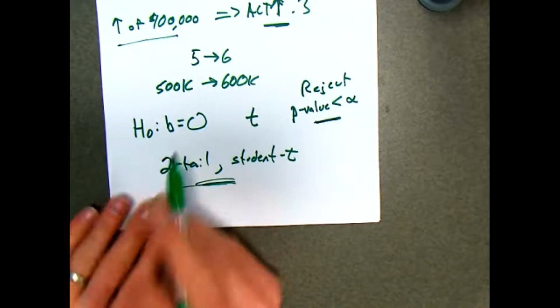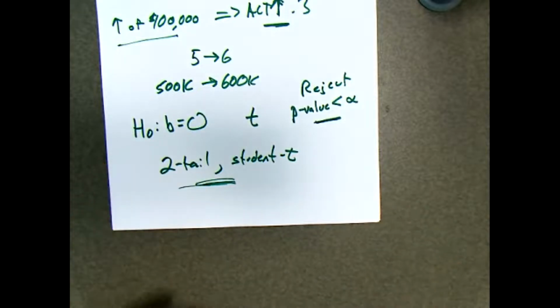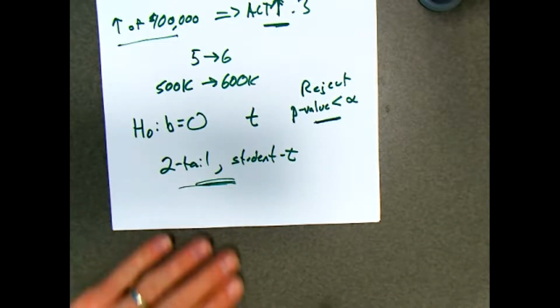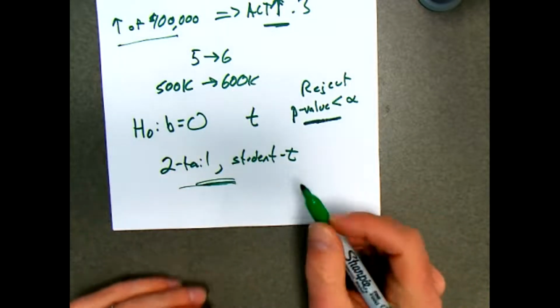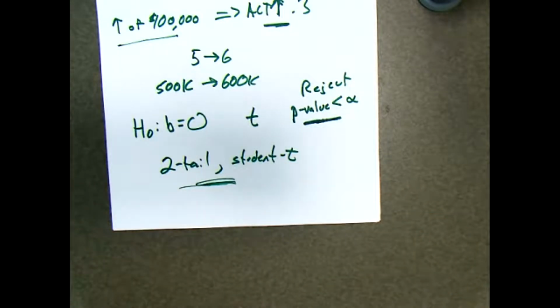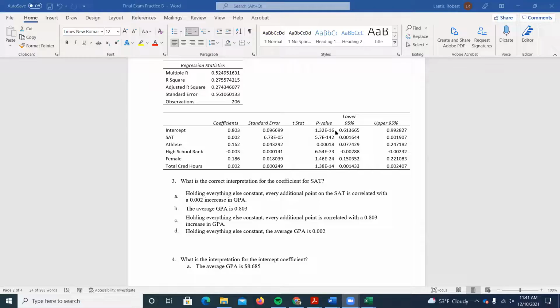So we start out assuming there's no relationship between any of those X variables and our Y variable, GPA. If we get a p-value that's low enough, we reject that null and instead say that variable has a significant relationship with our Y variable, GPA in this case. So if I go back up here, which of these variables can I say have a significant relationship? The ones for which I could reject the null.